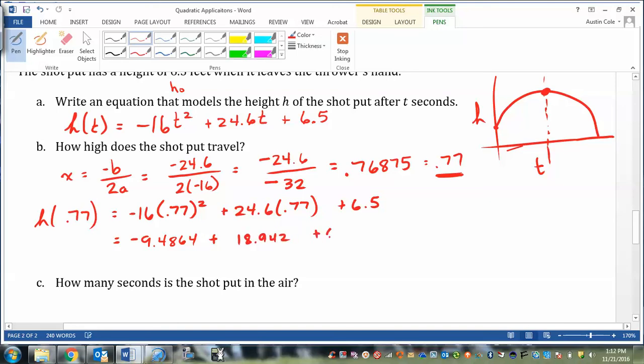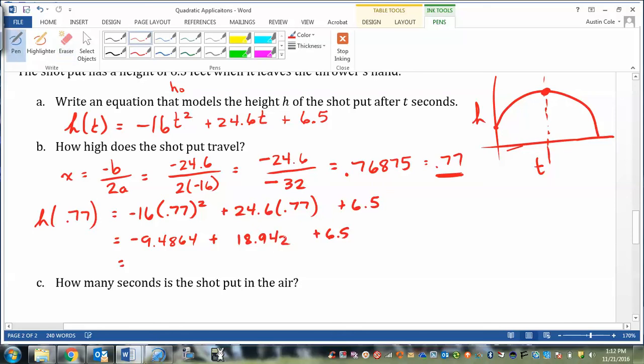Plus 6.5. So what I did there, when we have a number that's not so fun to work with, take them each separately, and then lastly I can add all those together. Is it 942 or 742?